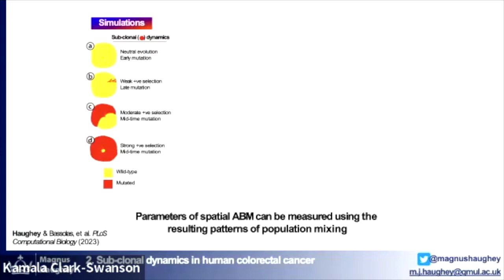We simulated a co-expansion of wild type and mutated populations, and we varied the strength of subclonal selection, the time at which the mutant population appeared in the system, as well as the strength of cell pushing on the lattice.